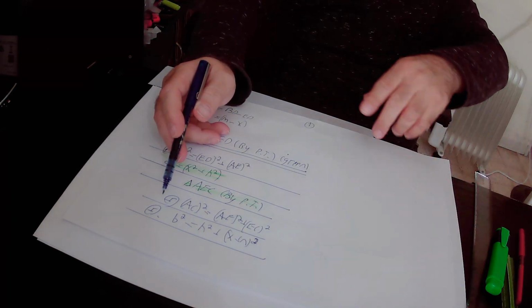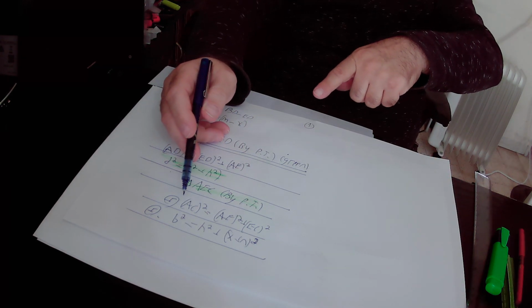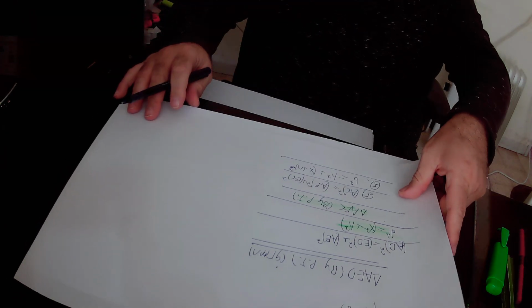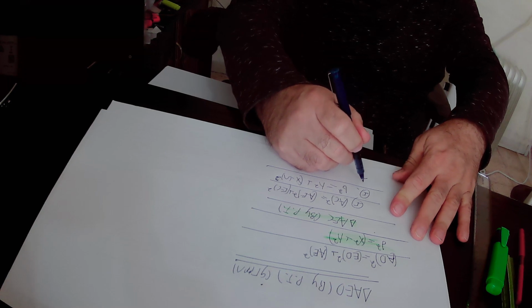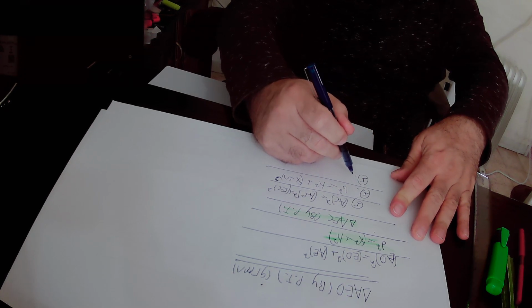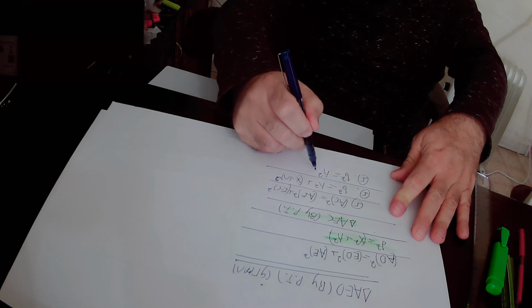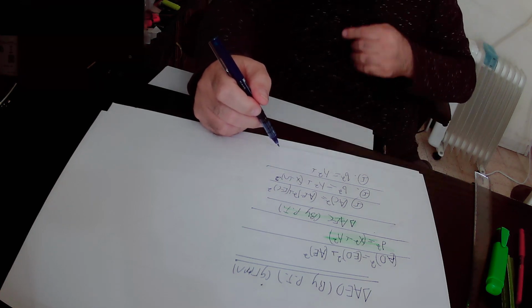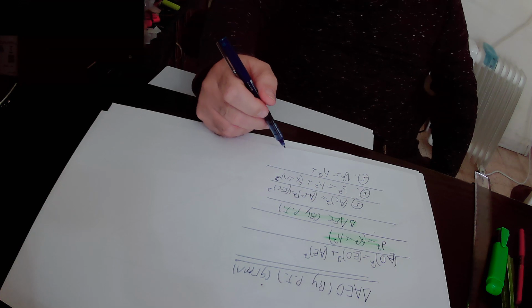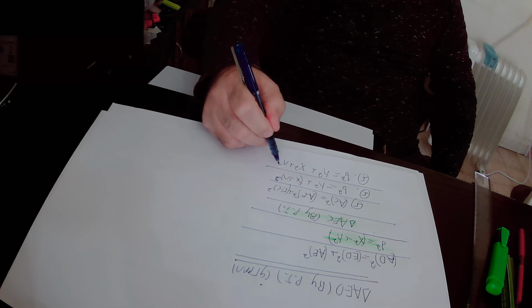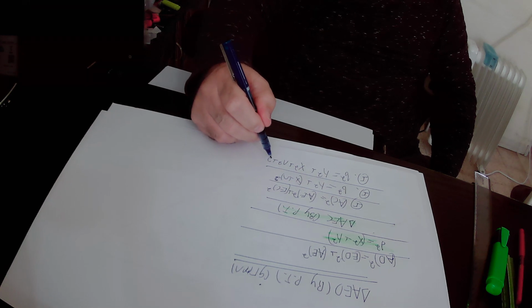Here we'll open the brackets of equation number 1, and we'll get that b squared equals h squared plus (x plus n) squared, which equals x squared plus n squared plus 2 times xn.